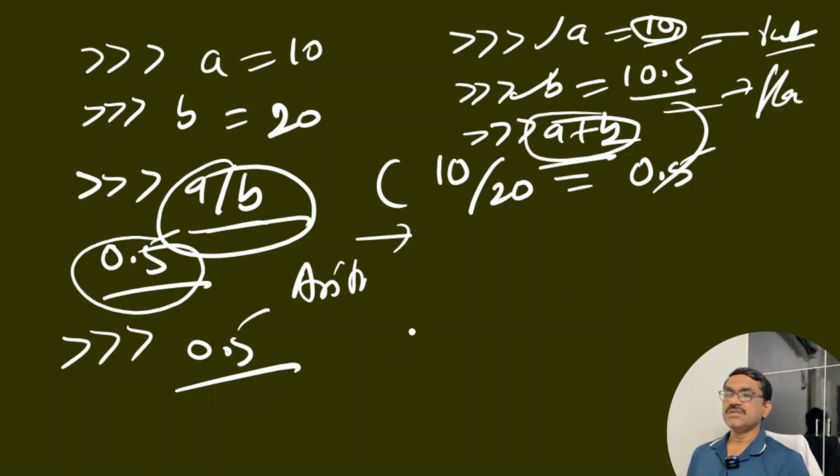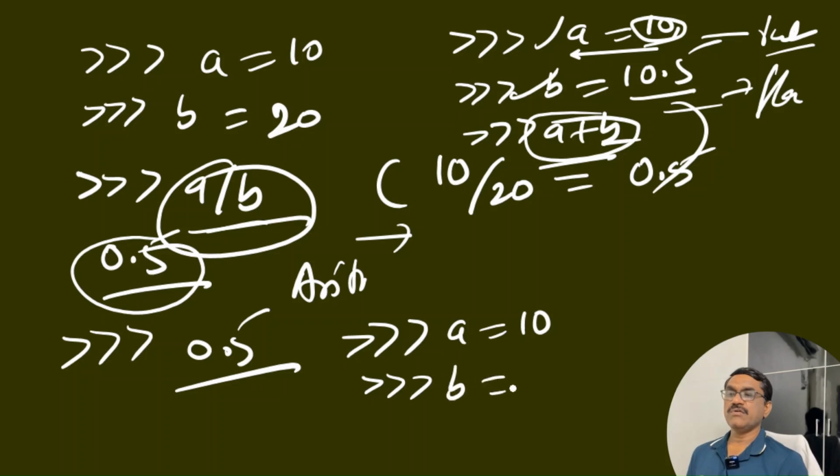In this case, if you want to add two float type objects, what you do is first convert this A, 10, into 10.0. See, I'm clearly explaining this. Just now I said A value 10, B value is 10.5. Before directly saying A plus B, I'm going to use type conversion, float of 10.